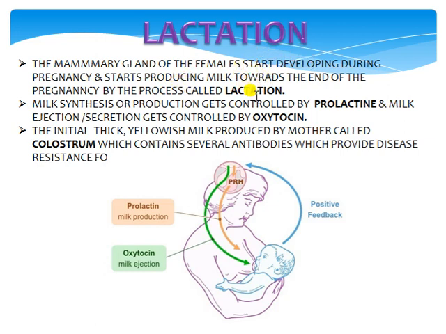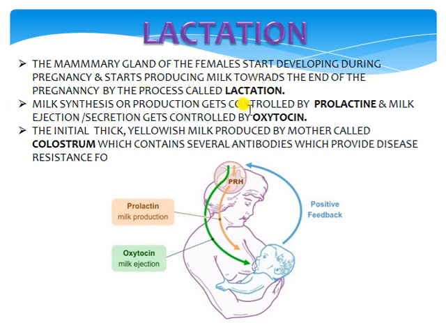Because milk will be produced by the maternal body so that the mother can feed the newborn baby. So how is it happening? The mammary gland of the female starts developing during pregnancy, we all know that, and starts producing milk towards the end of the pregnancy. That means when the gestation period is ending, the milk synthesis will get started, and that process is commonly known as lactation.